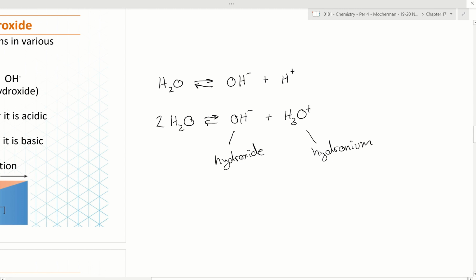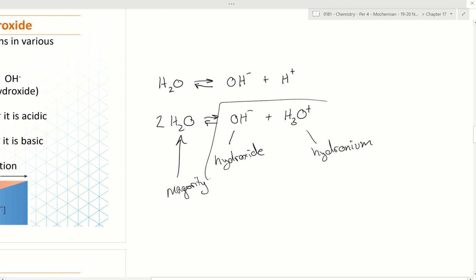If it's pure water, then it's going to have equal numbers of hydroniums and hydroxides. Now, very tiny amounts of it. The vast majority of water in pure water is H2O. So this guy right here is the majority of the water in a sample.